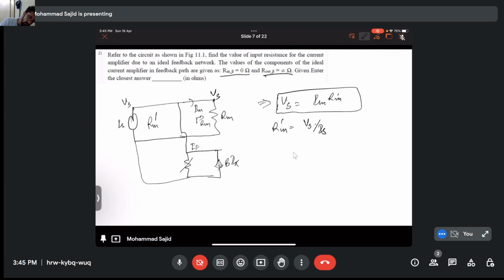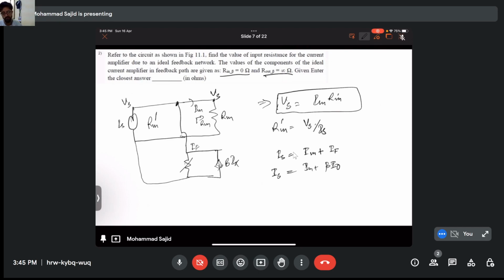So how will we do this? Simple case here, right? My Is will be In plus If. And can I write it directly as In plus beta times I naught?